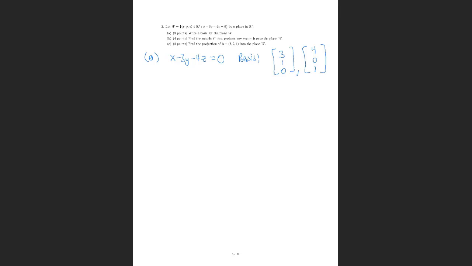Okay. So in order to find the projection matrix that will project onto this plane, in general, to find a projection matrix that will project onto some subspace, the procedure was to find a basis for that subspace. Here we already have the basis for W. We're going to place those basis vectors into a new matrix as columns.